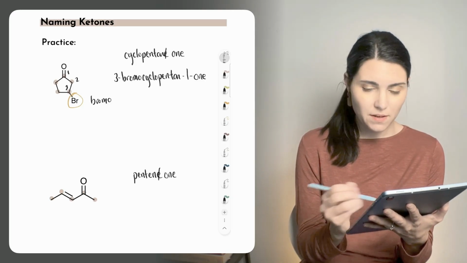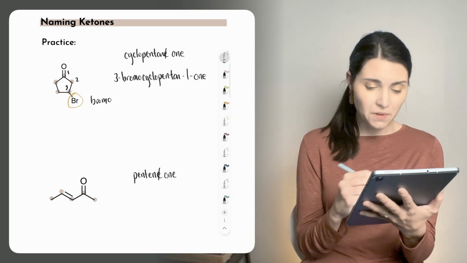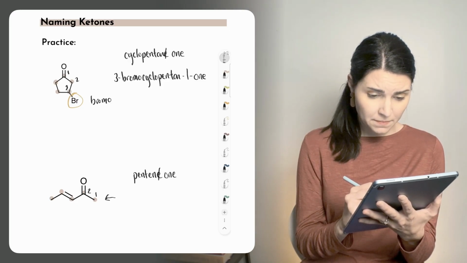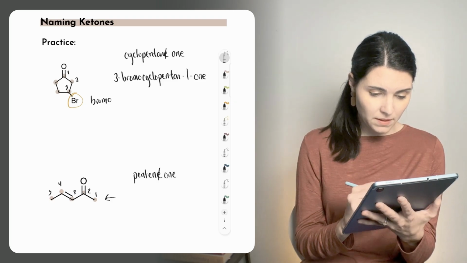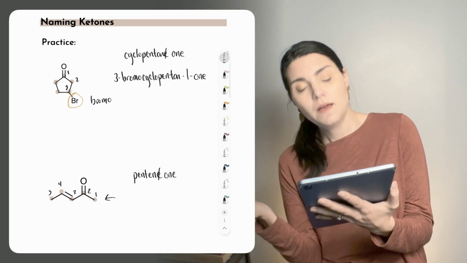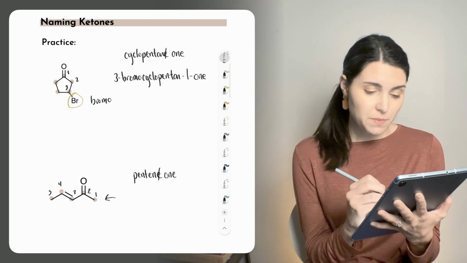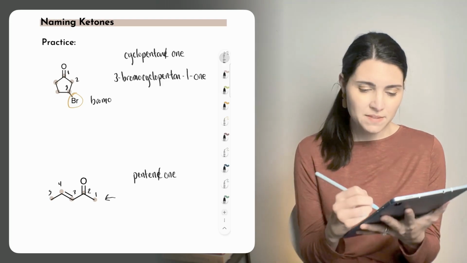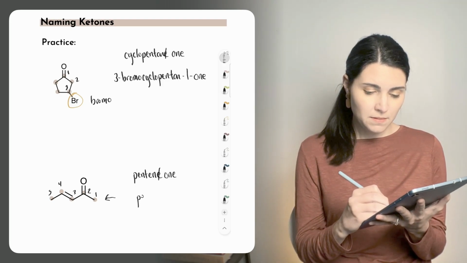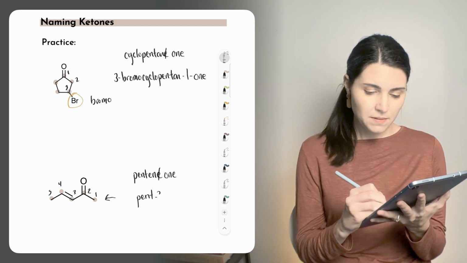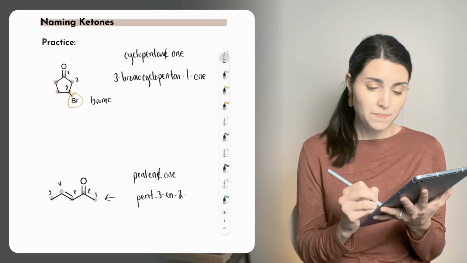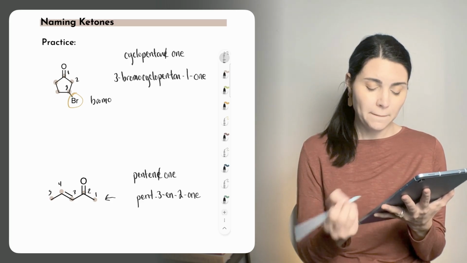So the carbonyl carbon is closer to this end of the molecule, so I'm going to number this way. 1, 2, 3, 4, and 5. So the ketone functional group is on 2, and the alkene starts on 3. So that means this is going to end up being pent-3-en-2-one.